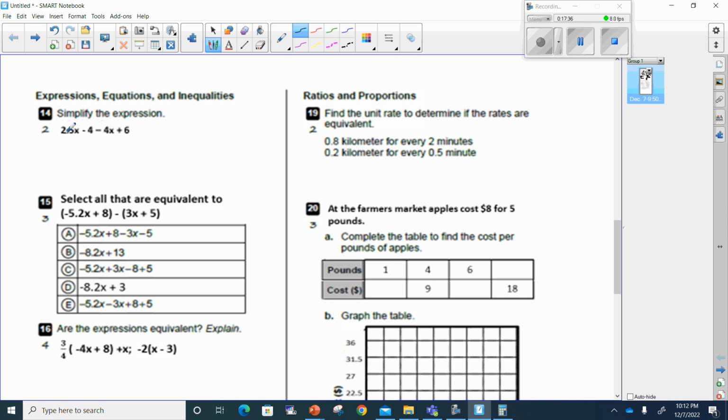I'm going to move the 2.5x, okay? So this is going to be plus 2.5. Looks like there's very little room. I'm going to rewrite my problem over here. We've got, let's see, negative 4x plus 2.5x.